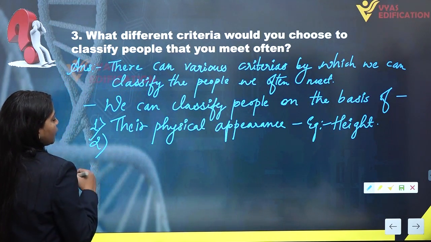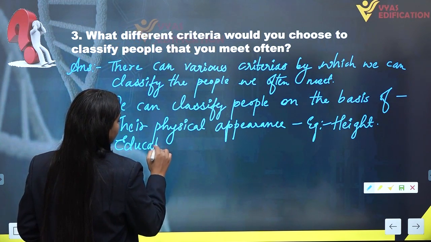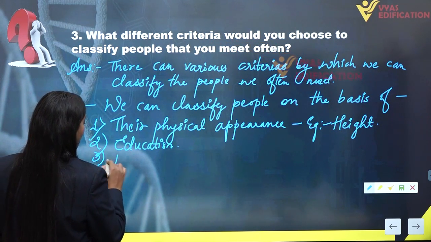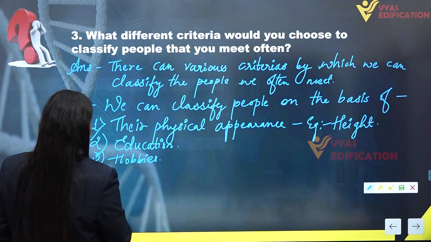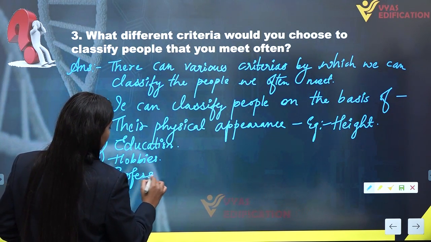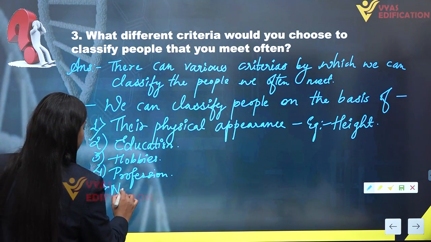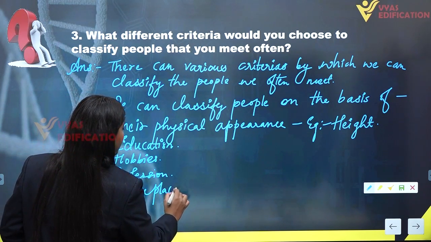Second, on the basis of their education, on the basis of their hobbies, on the basis of their profession, of course. Their native place can be the criteria also, from where they belong.